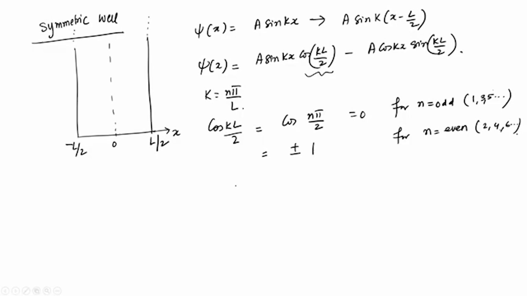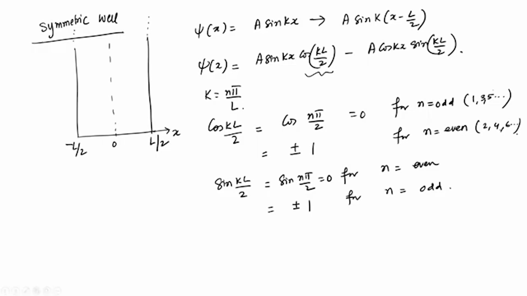Now, similarly for the sine, one still has kL by 2 is equal to 0 for sin(n pi by 2) for n equal to even, and this is equal to plus minus 1 for n equal to odd.